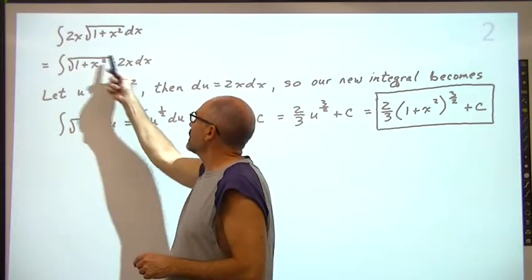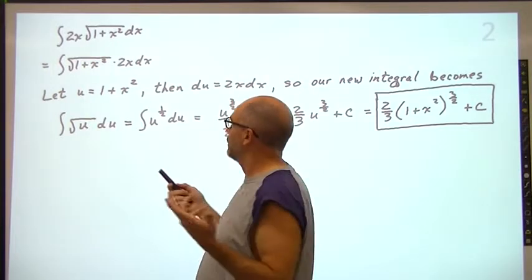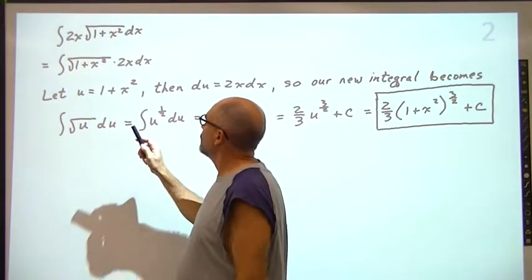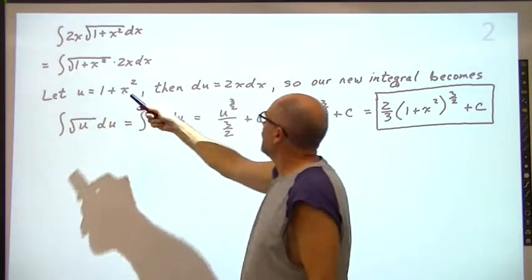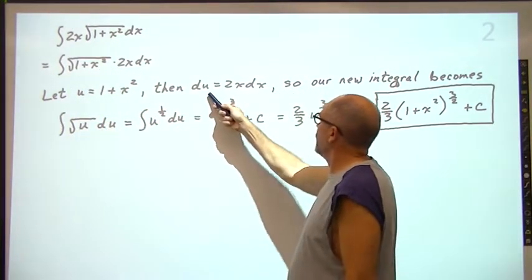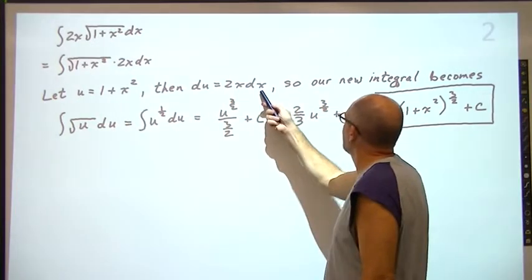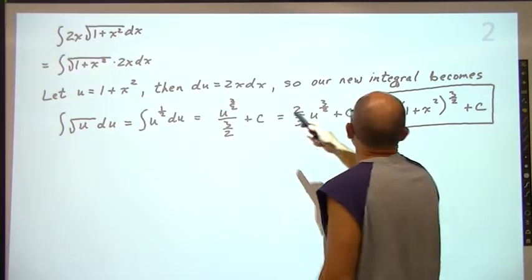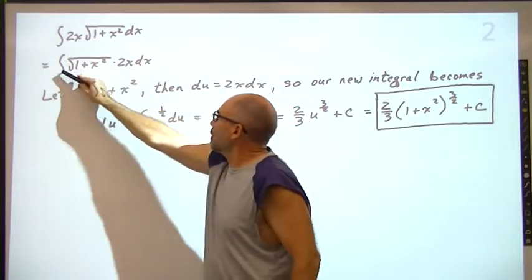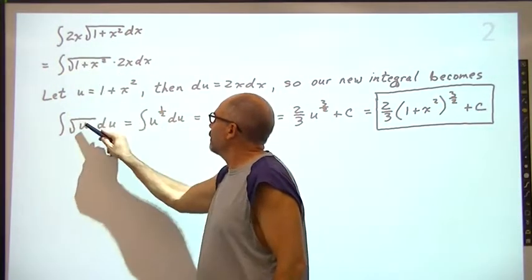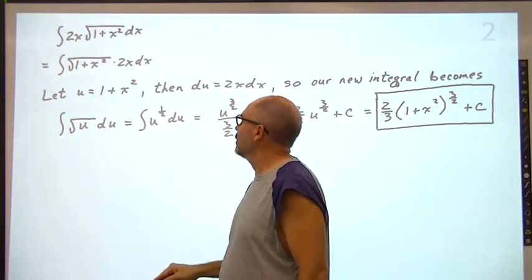I can't just distribute the 2x into a radical. That's impossible. So I say let u equal 1 plus x squared. That means du is going to be the derivative of this, which is 2x dx. And so now our new integral becomes the integral of the square root of u, where the 2x dx becomes du.